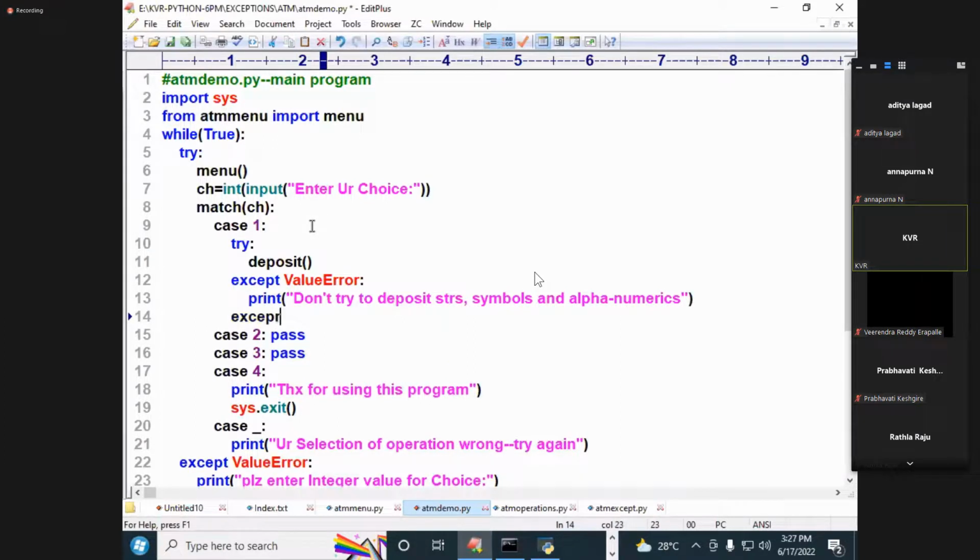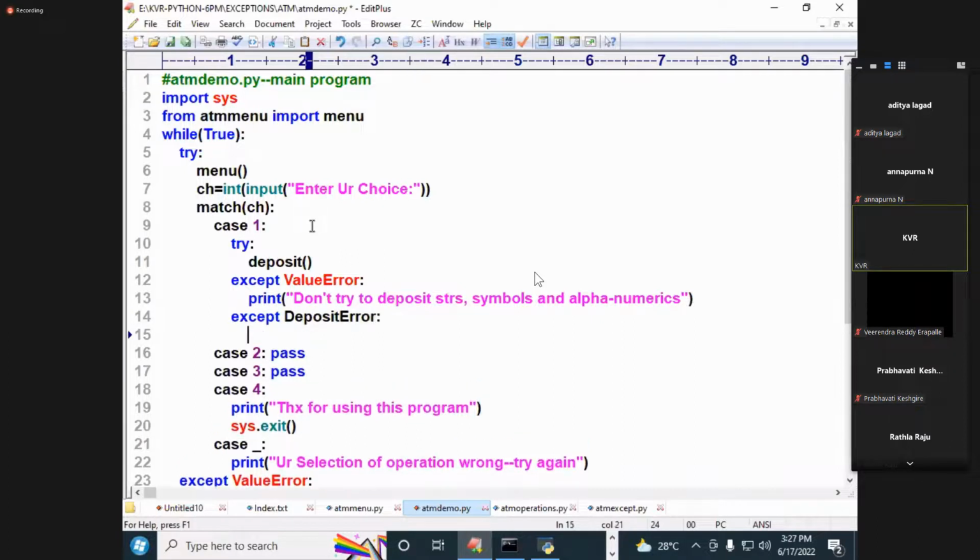Deposit error. What is the deposit error? Don't deposit negative or zero amount in your account. This is related to the exceptions of the deposit function.